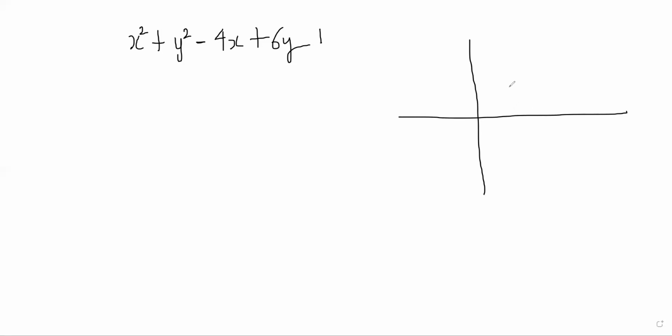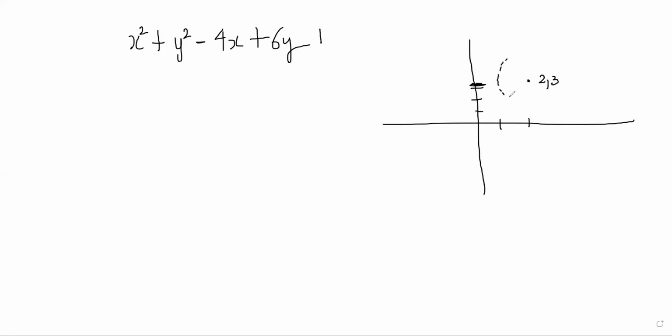So let's say the circle is centered at 2, 3. So we will make a figure, circle of center 2, 3. This is 2 units here and 3 units here. So this is 2, 3 and radius 1.